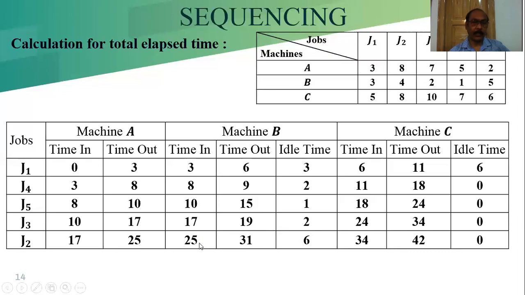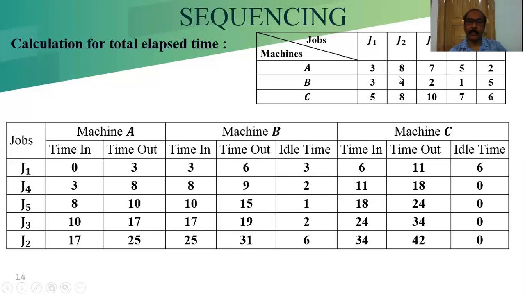Now 25 hours is the time in for the job 2 in the machine B, and the time duration is 4. So 25, this is for the machine B J2. There is some mistake here. 25 plus 4 should be 29.